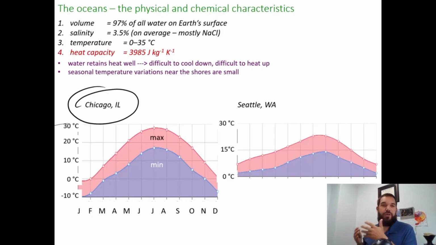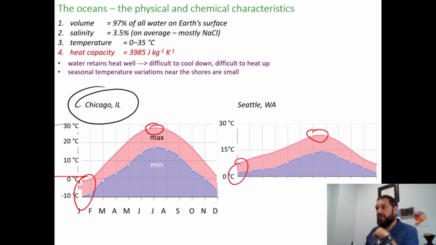Versus Seattle is coastal, on the west coast of our country. So you'll notice that it gets a lot hotter in Chicago in the summer than it does in Seattle, and it gets a lot colder in the winter in Chicago than it does in Seattle. So it's more extreme temperatures. And the same thing with San Antonio. We could do the same thing.